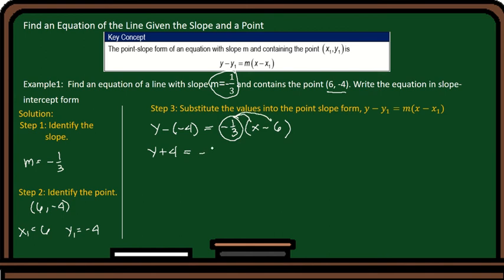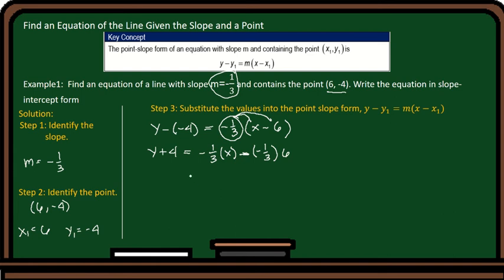So, negative 1/3 times x minus negative 1/3 open parentheses times 6. So, bakit tayo naglalagay ng open close parentheses? Kapag you are subtracting a negative sign, plus minus negative, kailangan mo maglagay ng open close parentheses para ma-identify nyo yung operation na minus at yung negative sign.